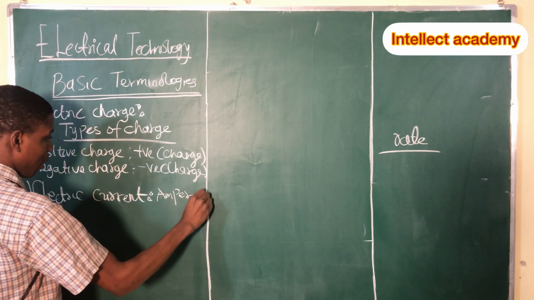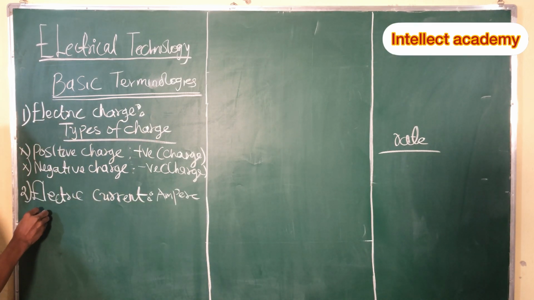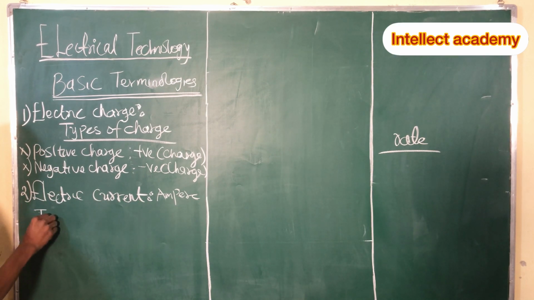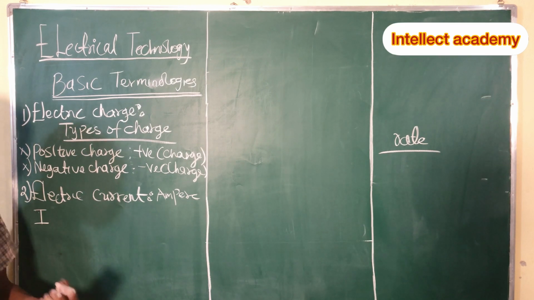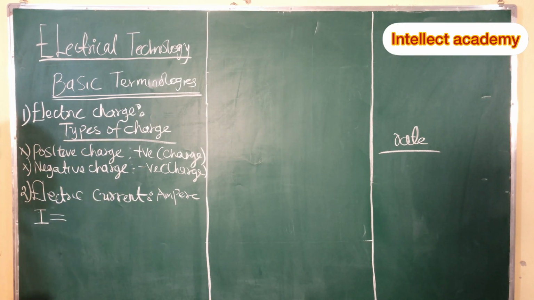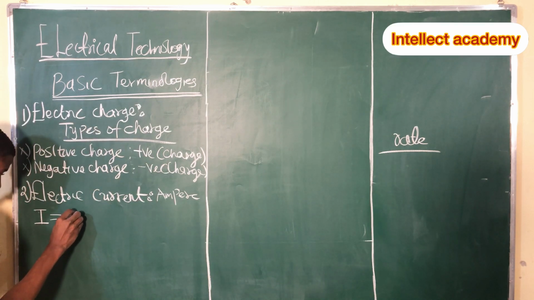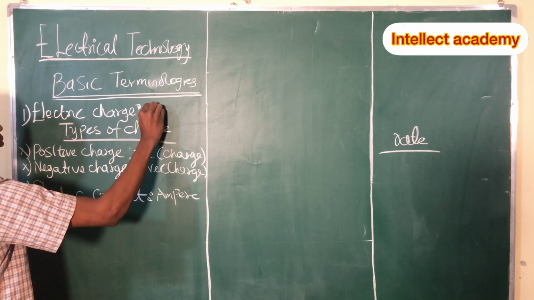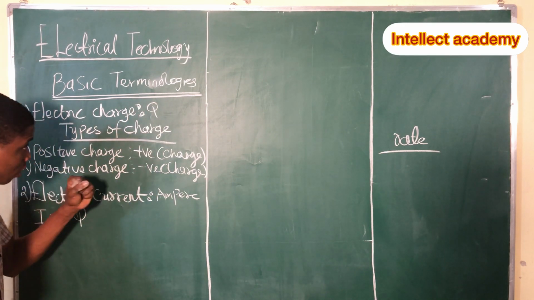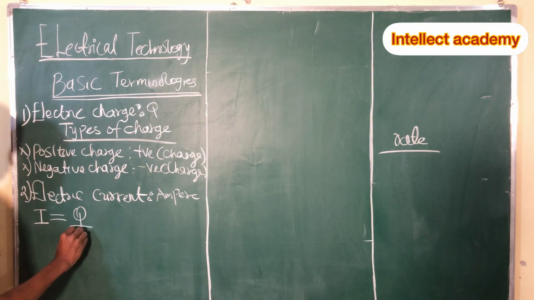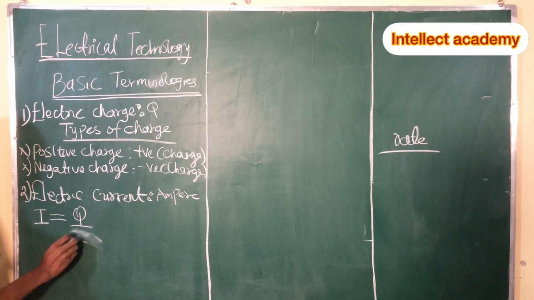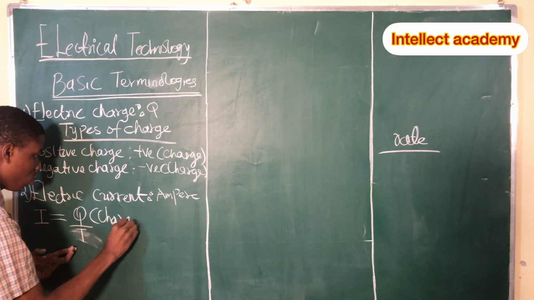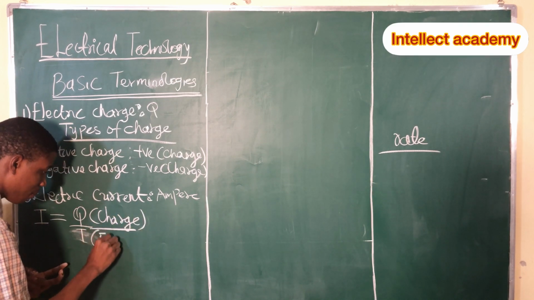The symbol for electric current is I. It is the rate at which charge, symbol Q, the quantity of matter, moves. Electric current is Q, the charge, over the time, t.